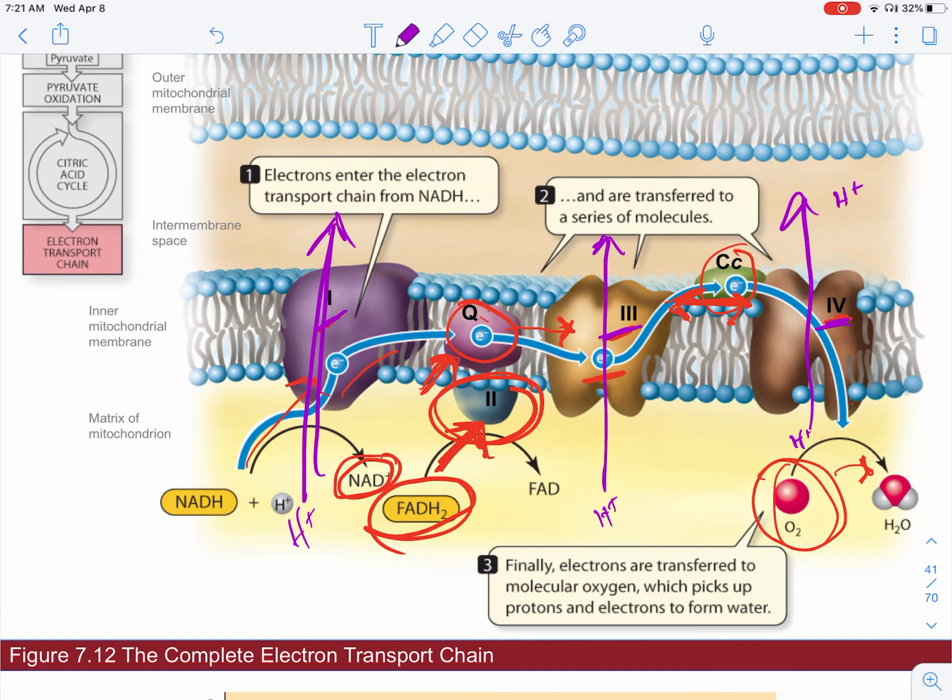Complex 2 doesn't transport protons because, you see, it's not transmembrane. And so there's a flow of protons in complexes 1, 3, and 4 that allow protons to leave the matrix and go into the intermembrane space. The result is a lot of protons here and a relatively low concentration of protons there.